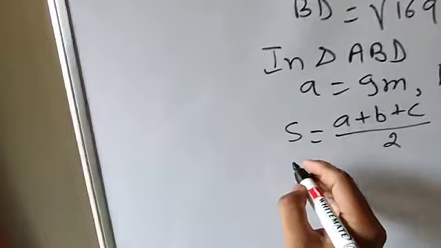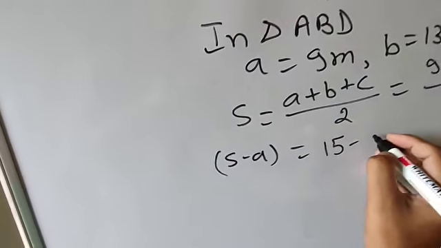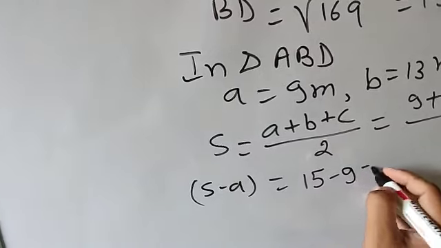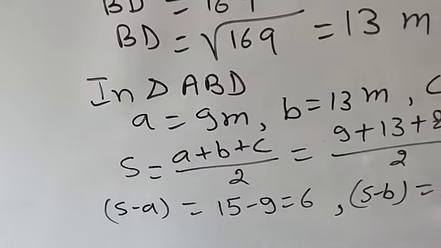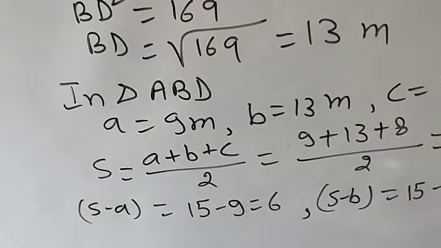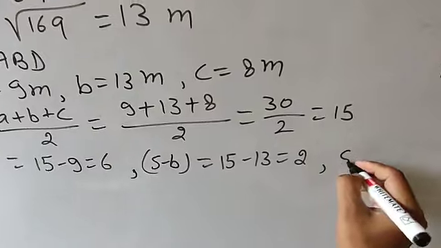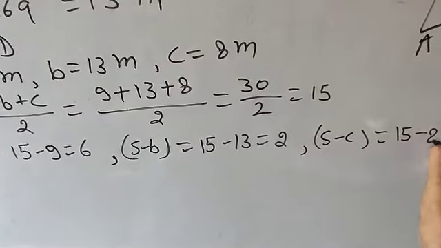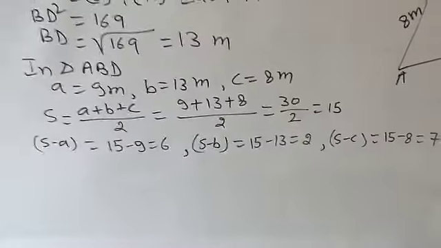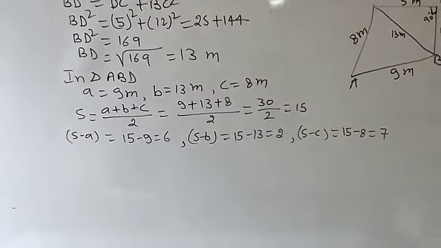Now you need to find s minus a. s minus a equal to 15 minus 9, it is equal to 6. Now s minus b, it is equal to 15 minus 13, that is equal to 2. And s minus c, it is equal to 15 minus 8, that is equal to 7. So you got s minus a, s minus b and s minus c.